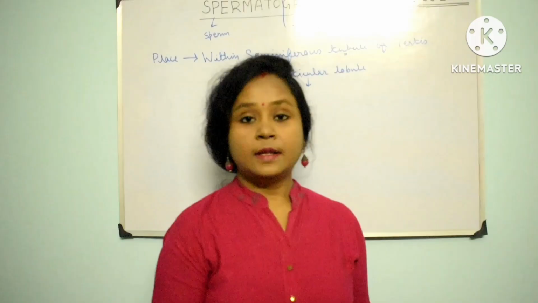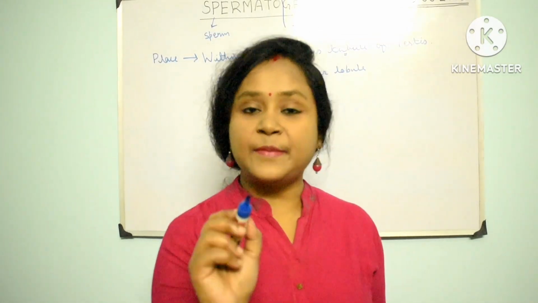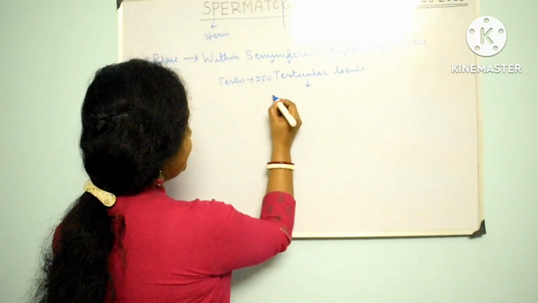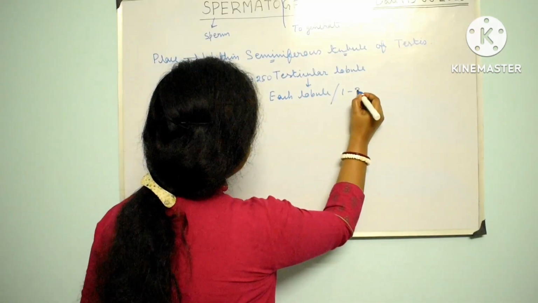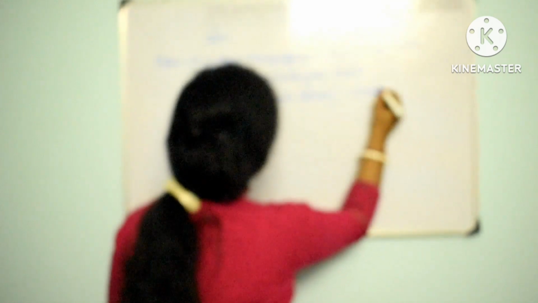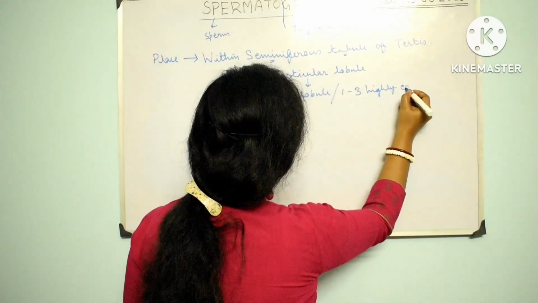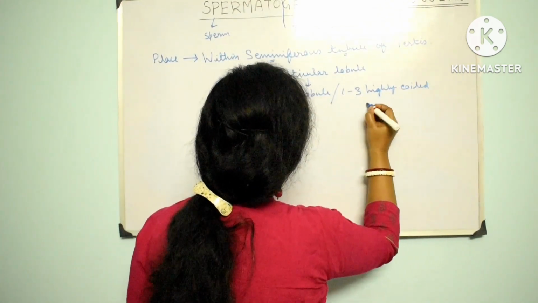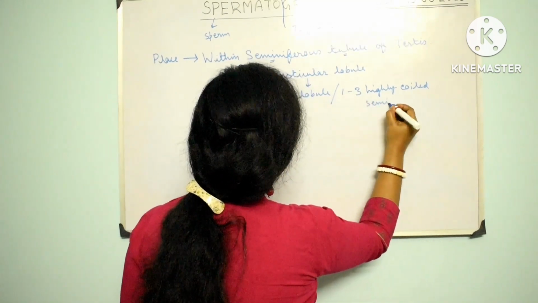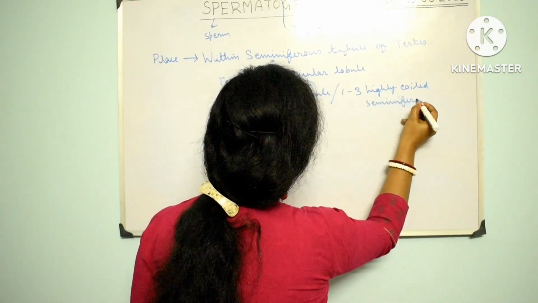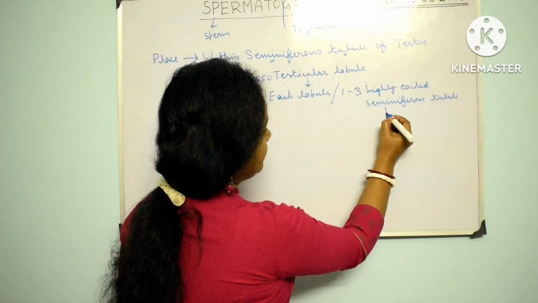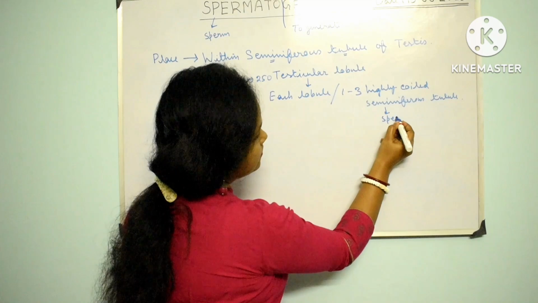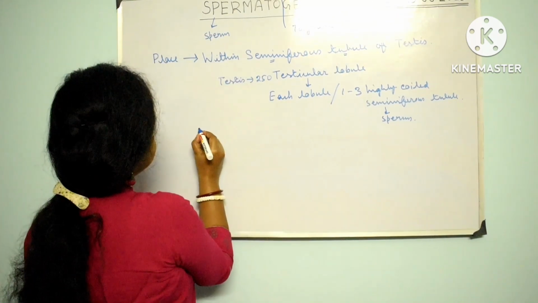Each lobule contains 1 to 3 highly coiled seminiferous tubules, and here in the seminiferous tubules, sperms are produced.